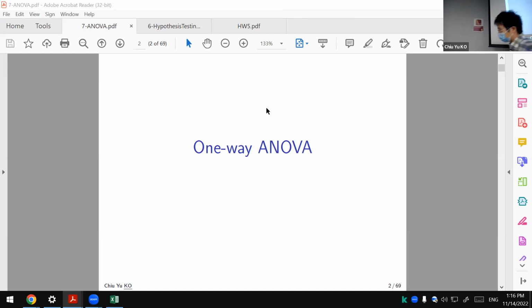We will talk about that on Wednesday with two-way ANOVA. We just focus on one-way ANOVA and see whether grouping makes a difference. The idea is very similar to the two-tail, two-sample t-test.